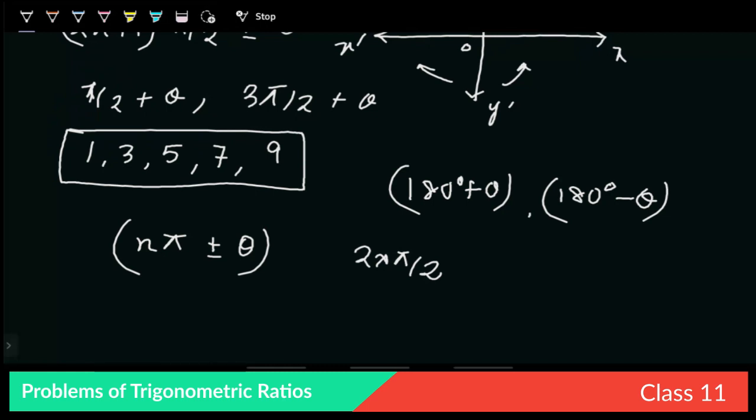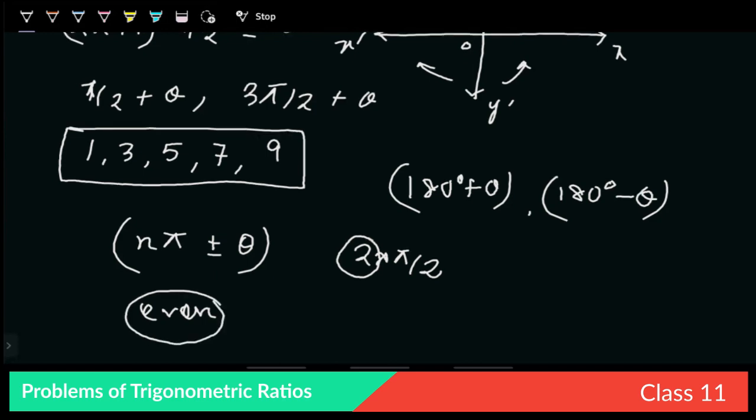So this n can be any natural number, but here you see that 2 is present before pi by 2. If I break pi, I will get 2 into pi by 2. So we can write anything, that means n is any natural number. So any natural number into 2 will give an even number.